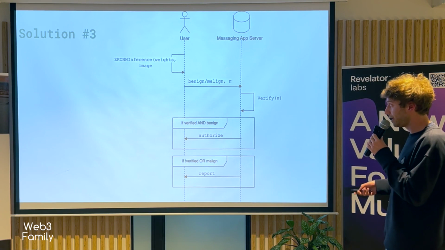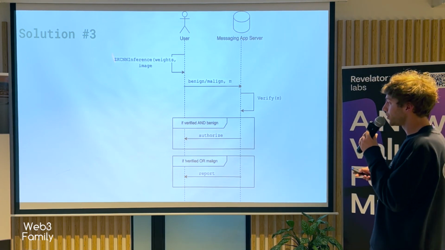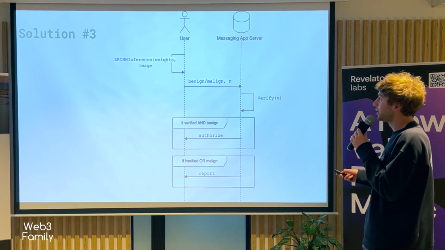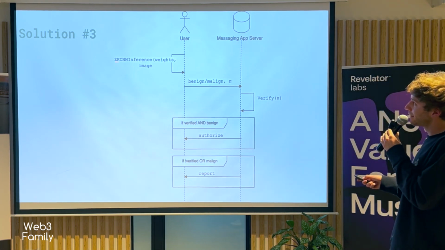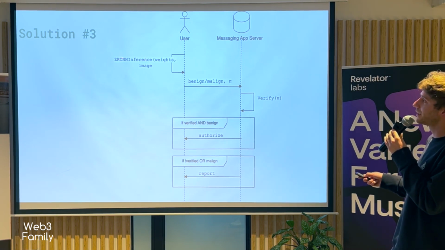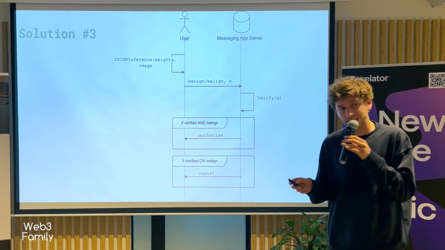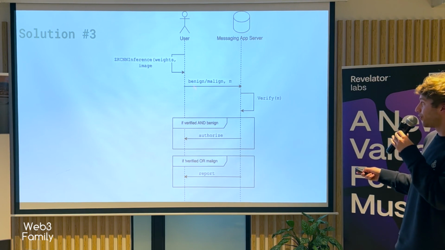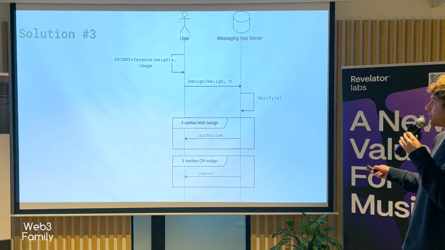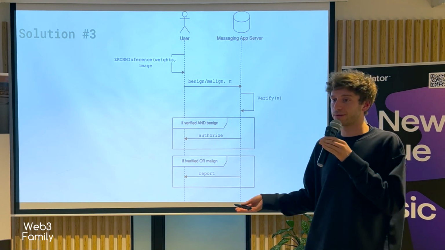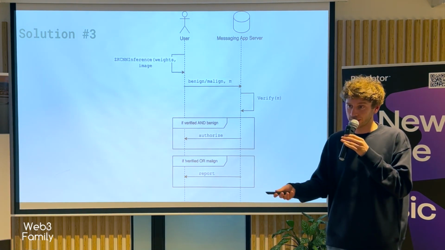So we get to a third solution for the chat control problem, and the difference is very subtle. Now they are not actually running the CNN inference, but this ZK CNN inference, and as a result the output will also be attached with a proof pi, and the messaging app server will be able to verify this proof pi.